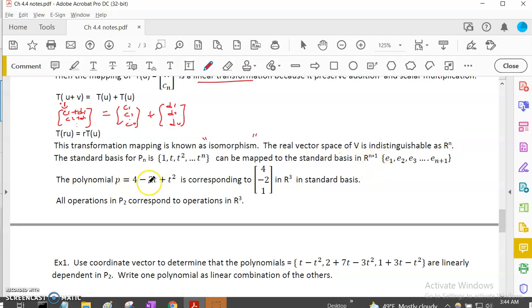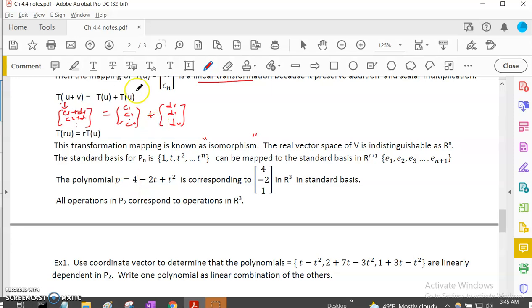And this isomorphism says that if I have a polynomial 4 minus 2t plus t squared, it would correspond to a coordinate mapping of 4, the first one, negative 2, and 1. When we write the polynomial, we usually write in descending order. So they are actually the same thing, or indistinguishable.